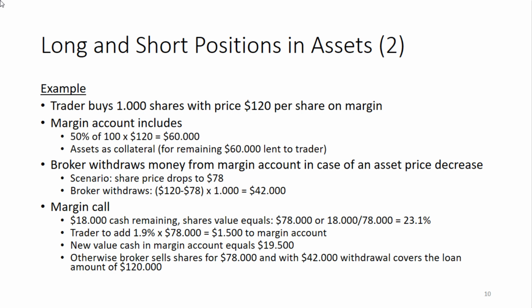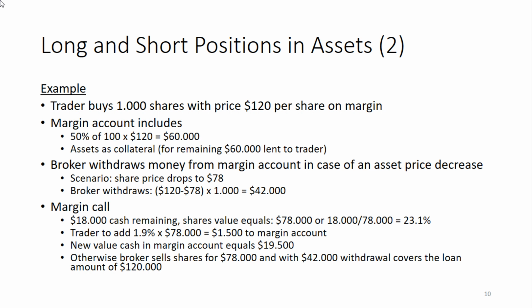Originally the price is 120, then after a couple of days the share price drops to $78. Then the broker withdraws from the margin account, which originally is $60,000. It withdraws $120 minus $78 times the 1,000 shares.